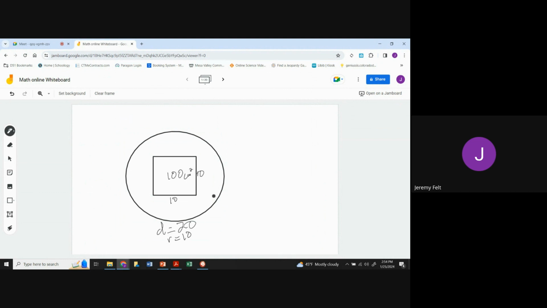The area out here, pi r squared, 10 squared is 100. 100 times 3.14 is 314.